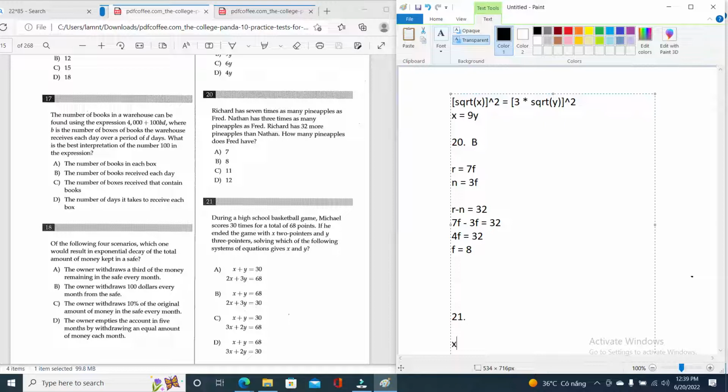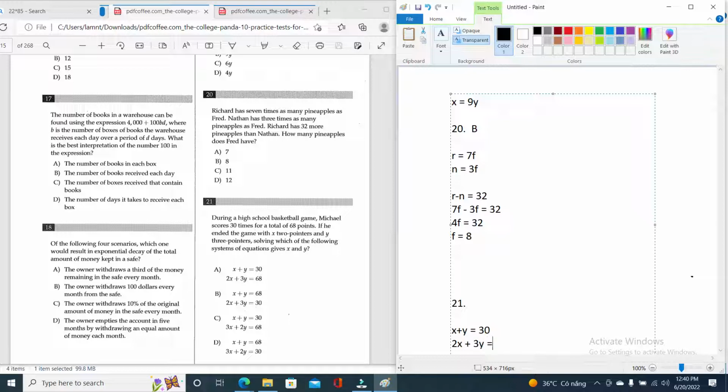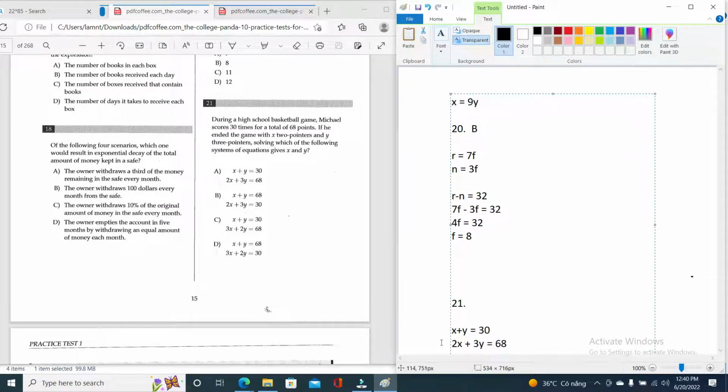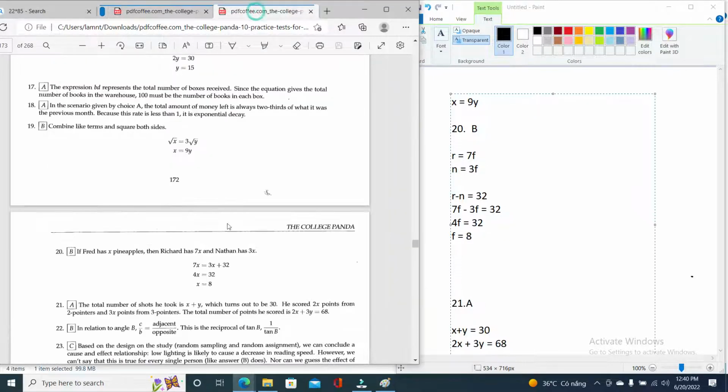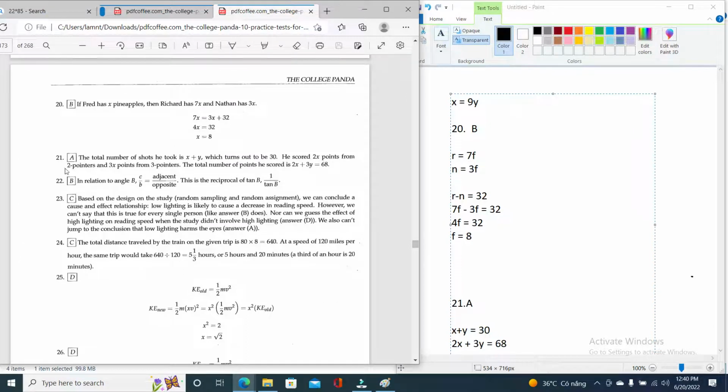So X plus Y equals 30, right? X is 2-pointers, so 2X, plus Y is 3-pointers, so 3Y, equals 68, and that is corresponding to system number A, right? That's corresponding to system number A. 21 is A, and indeed 21 is A.